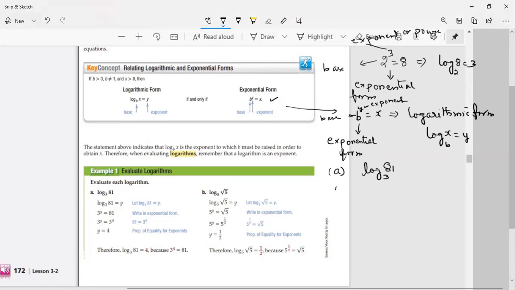Similarly, for finding this, our first step will be to take the given log, log 81 to the base 3, equal to y. Then write it in exponential form.